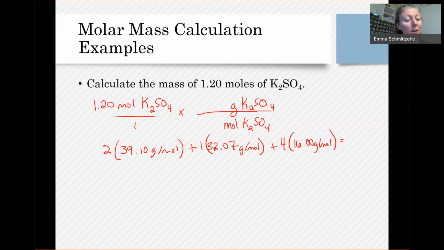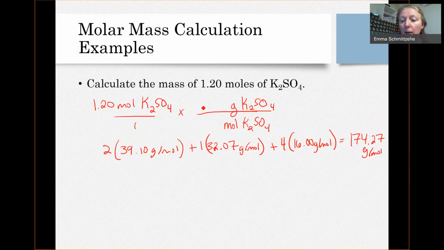So 2 times 39.10 plus 32.07 plus, let's see, 4 times 16.00. And so that should come out to 174.27 grams per mole. Okay, so now that information goes into that ratio in my dimensional analysis calculation.